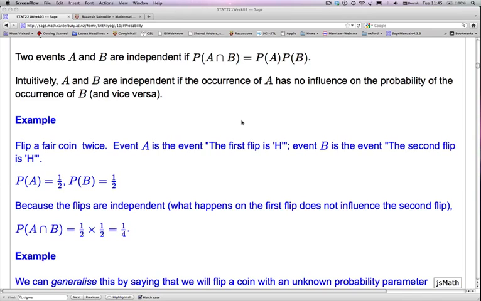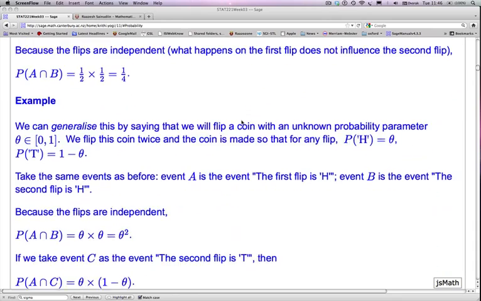Then the probability of A is half, the probability of B is also half. Because flips are independent, what happens on the first flip does not influence the second flip. So the probability of A intersection B is simply equal to the probability of A times the probability of B. That's half times half, which is 1/4.